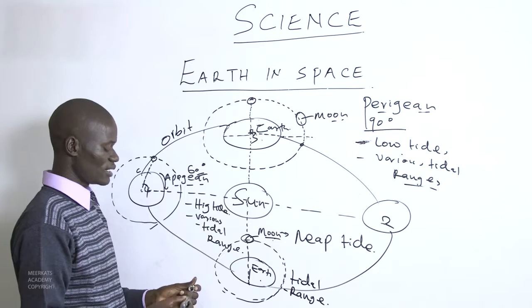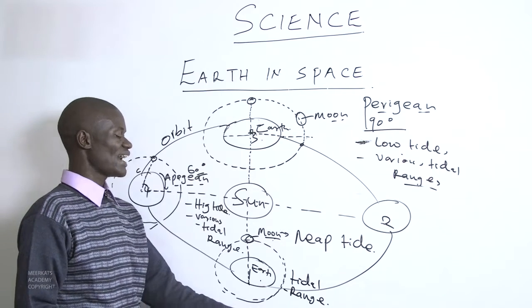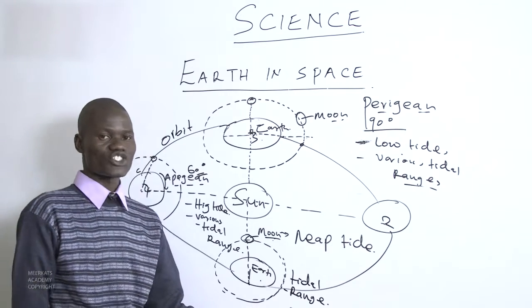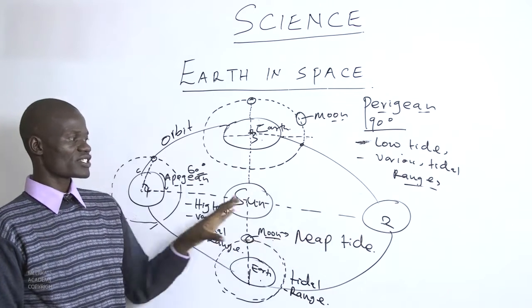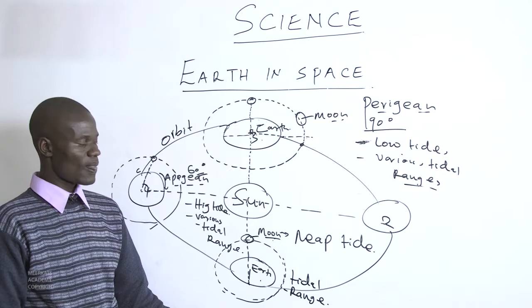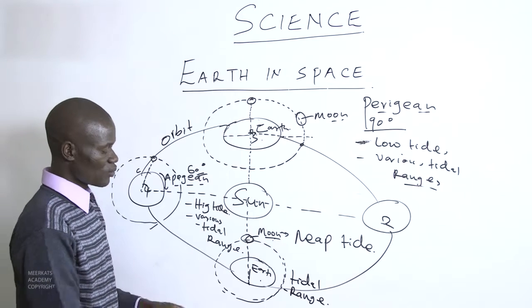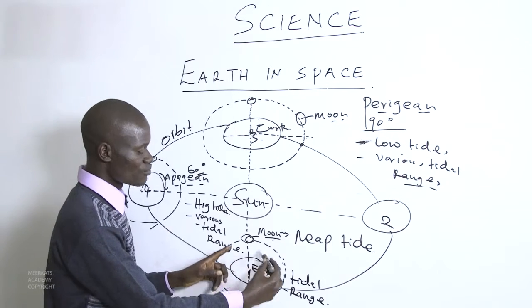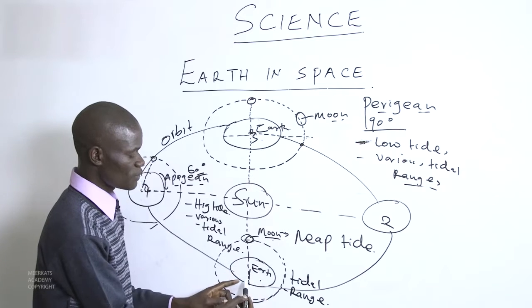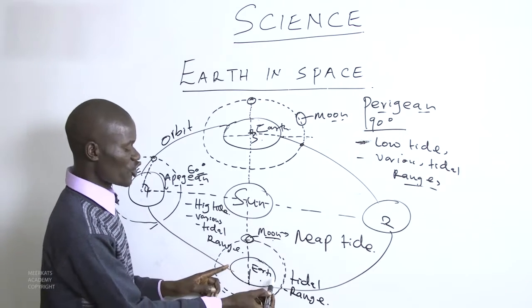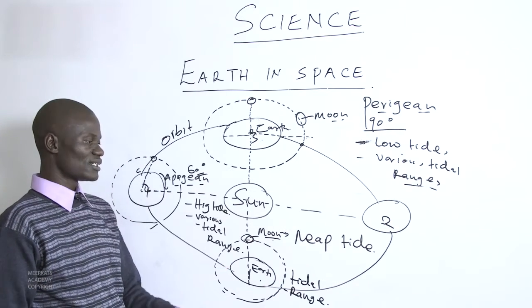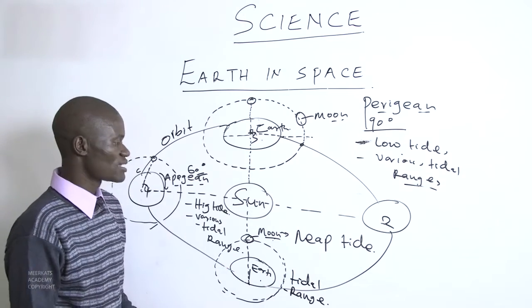This is the time when these tides are very high and are witnessed on the Earth's surface in various oceans and also the seas, because the water has moved from their various positions around the equatorial regions, causing the high tide that is felt on Earth's surface.